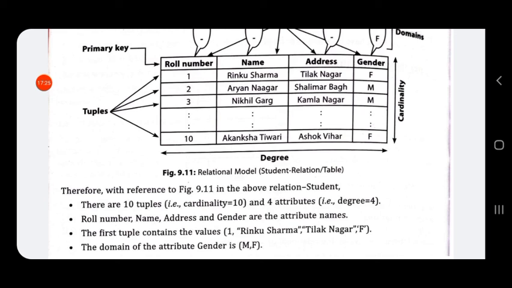The first tuple or first record is 1, Rinku Sharma, Tilak Nagar, F. The domain of the attribute gender is M and F; only M and F can be the values of the column gender.